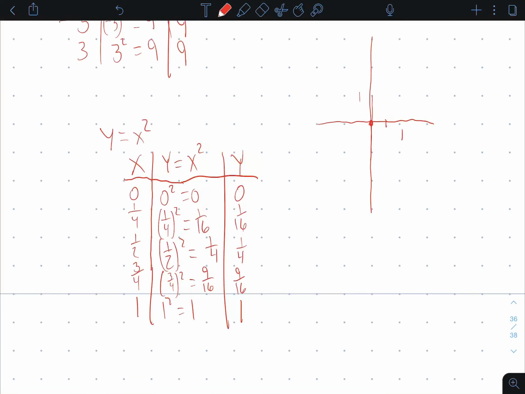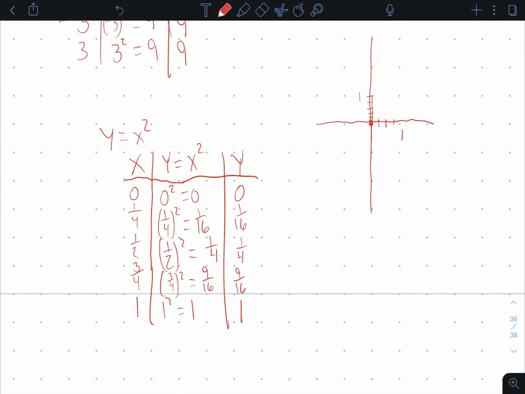So if we cut x in half, that'd be a half. If we cut a half in half, that's a fourth. 1/4 for x. And we're going to do the same thing for y. We cut it into fourths right now. And then if we cut a fourth in half, that's going to give us eighths, and then if we cut an eighth in half, that's going to give us a 16th. So 1/4 for x goes with 1/16 for y.